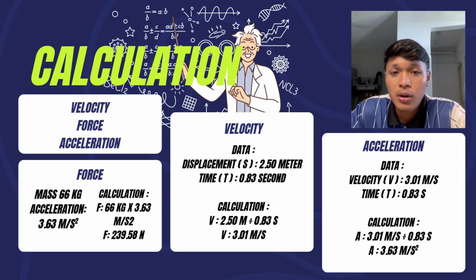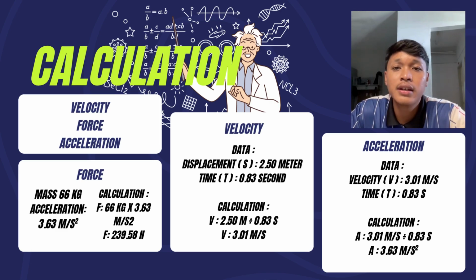From the video, we get the data which is mass is 60 kg and acceleration is 3.63 meter per second squared. So, we multiply the mass by the acceleration, which is 60 kg multiplied by 3.63 meter per second squared.